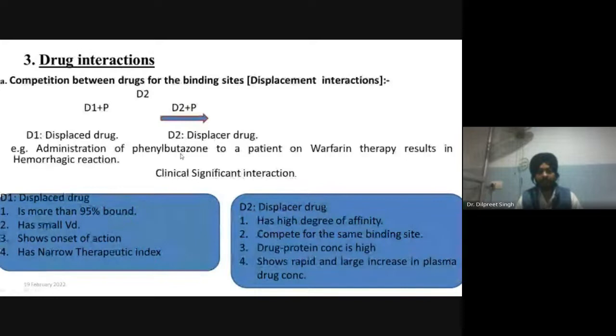So when we talk about the displacer drug, it has a higher degree of affinity and competes for the same binding site. Because the drug protein concentration is very high, it shows a rapid and larger increase in the plasma drug concentration. So the displacer drug causes the more significant interaction and more competitive binding towards the displaced drug.